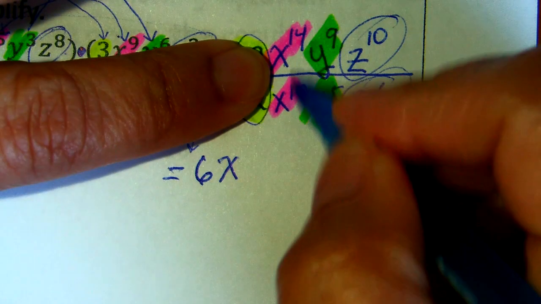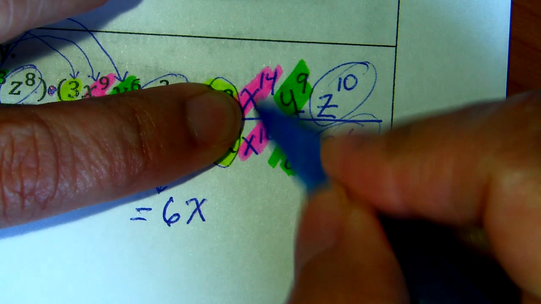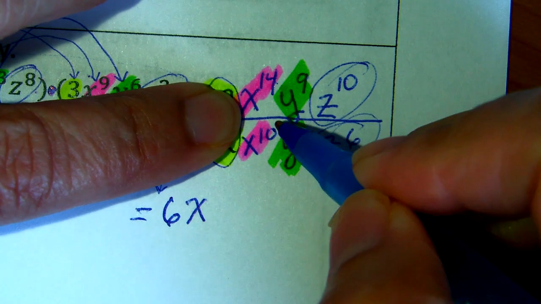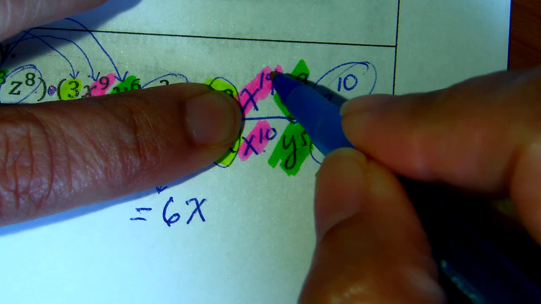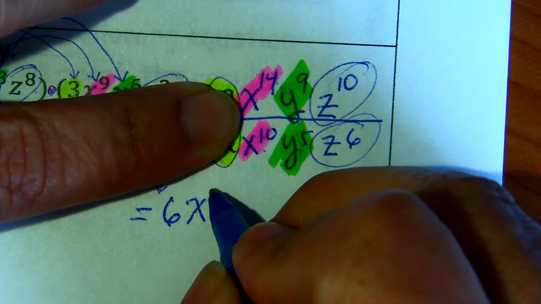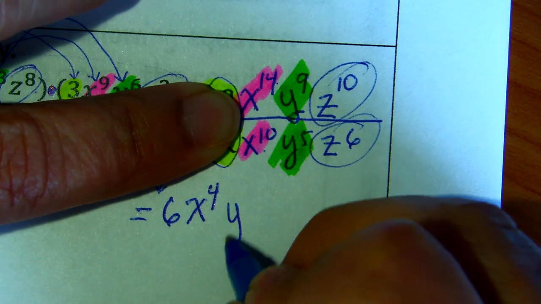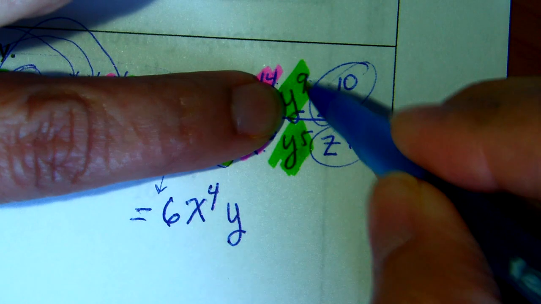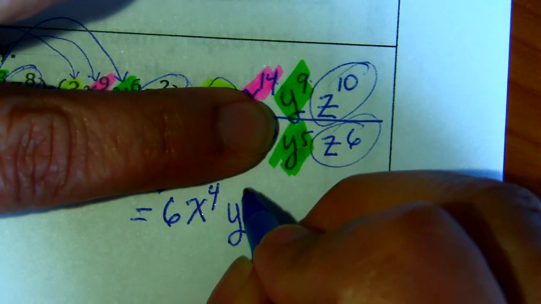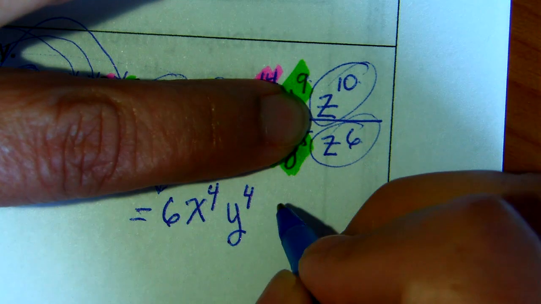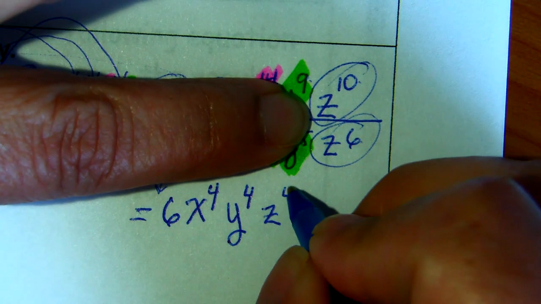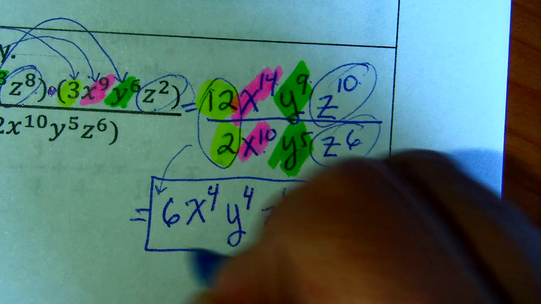If we want to simplify the division of x to the 14th by x to the 10, what do we do with the exponents? We subtract. So 14 minus 10 gives you 4. For the y, 9 minus 5, 4. And the z's, 10 minus 6, 4. So this is your answer right here.